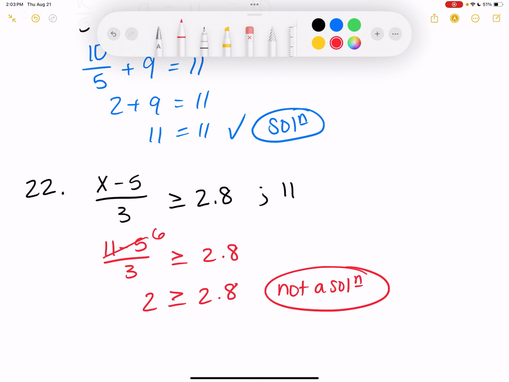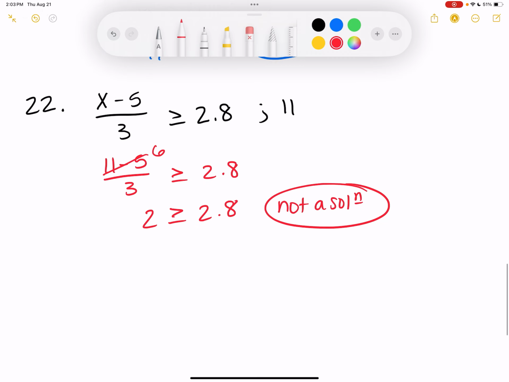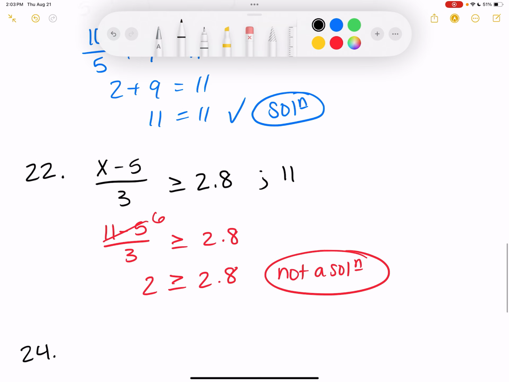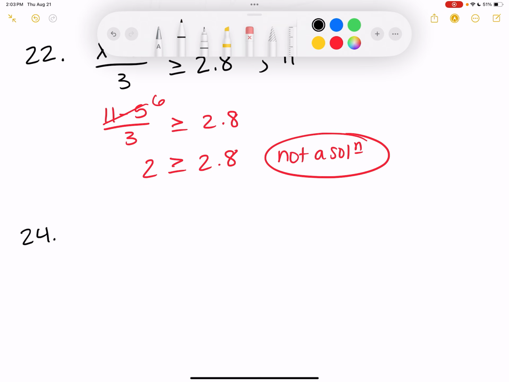All right, I'm going to have you do this next one on your own and then we'll go over it. 24. y minus 3.5 is less than 6, and the number we're checking is 9. So take a second and do this one.